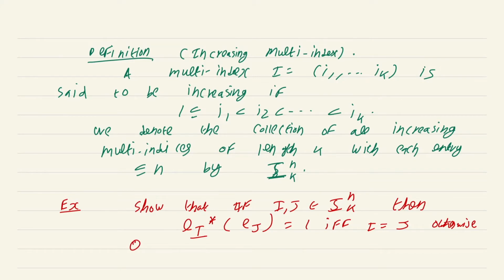So what is this e_I^* I am talking about? That is exactly like the dual e_i^* where i was just an index and not a multi-index. It's going to be very similar to the definition of dx_I that we saw a bit before. So let me just give the definition of e_I^* so that you can solve this exercise.